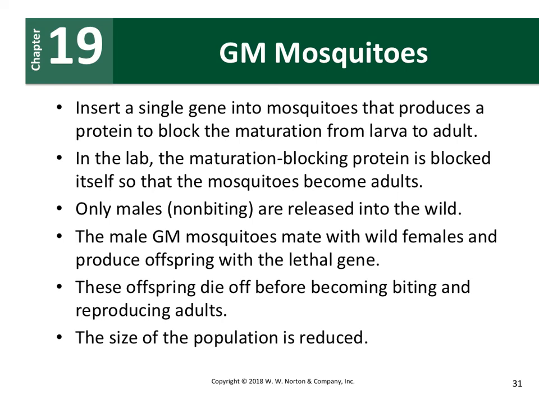In the lab, this maturation blocking protein is itself blocked so that the mosquitoes can become adults. Only males are released into the wild. The male GM mosquitoes mate with wild females and produce offspring with a lethal gene. The offspring die because they can't mature, and the size of the population is reduced.